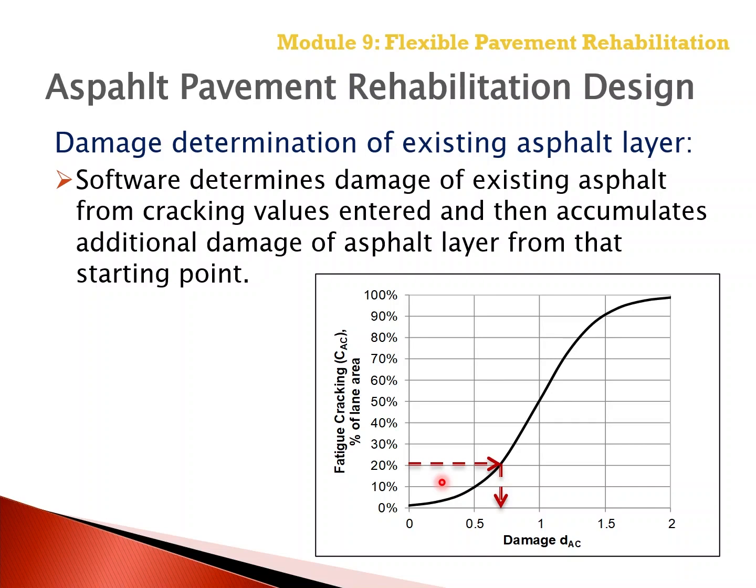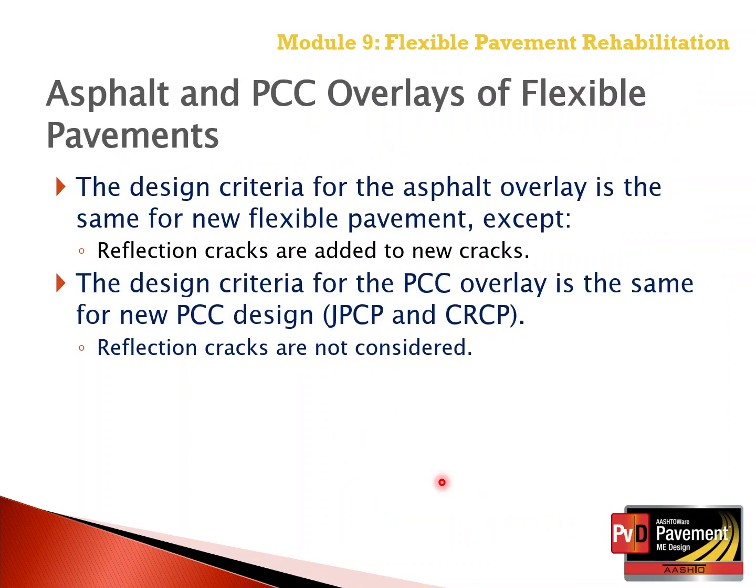That includes both the asphalt as well as the unbound layers. The design criteria for the asphalt overlay is the same as for new flexible pavements, except for that including reflection cracking. The new cracks and the reflection cracking are added together, and that is the amount of cracking for which the reliability is determined or applied.